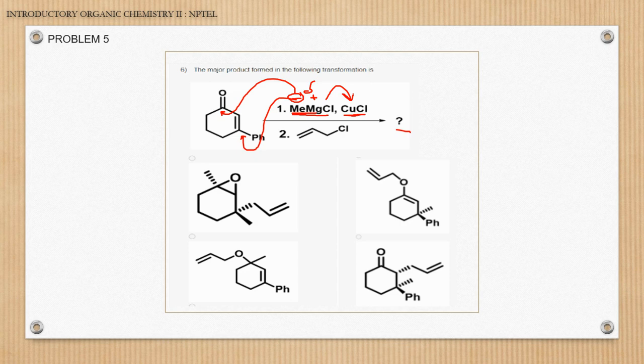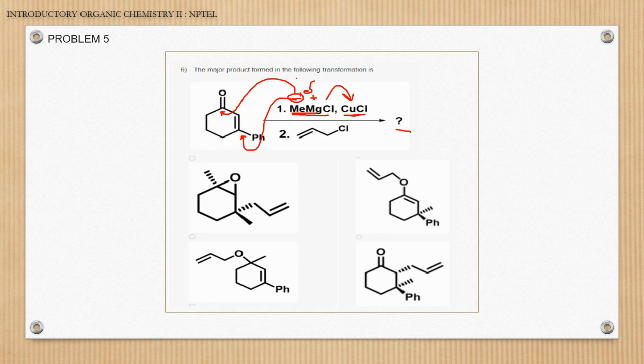If copper chloride is not present in the system, Grignard reagents are famous for giving 1,2 addition products rather than 1,4 addition products because of the presence of magnesium, a hard metal. So here the presence of copper chloride will make it a soft nucleophile.